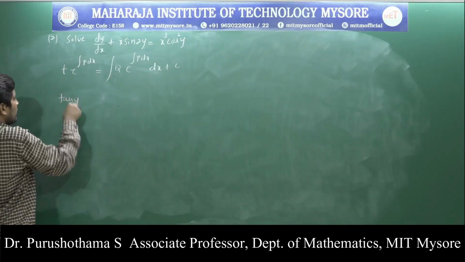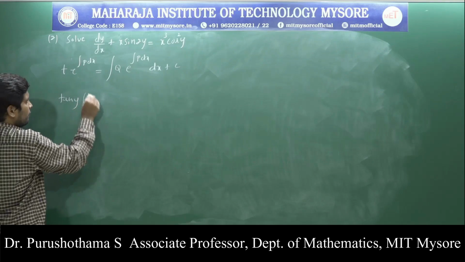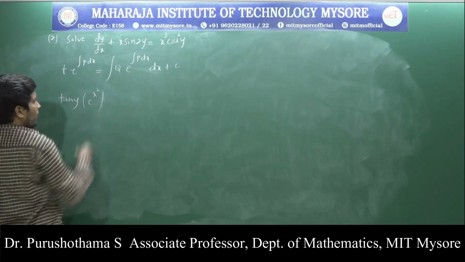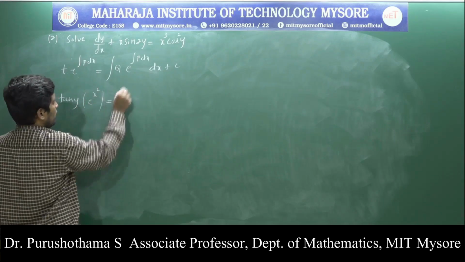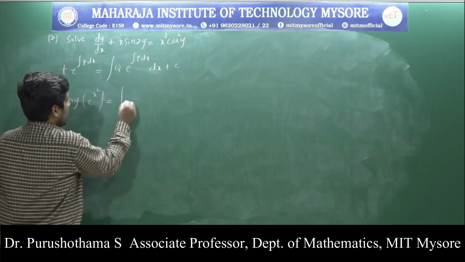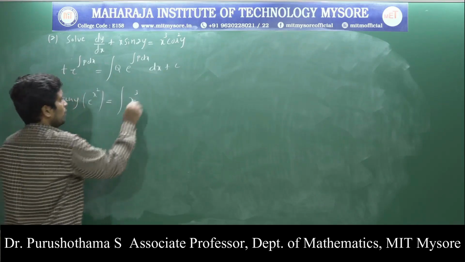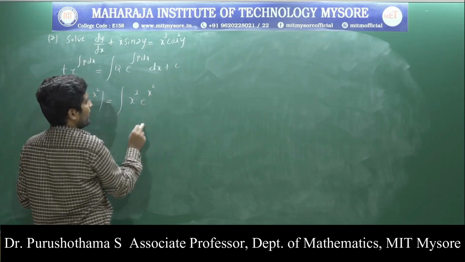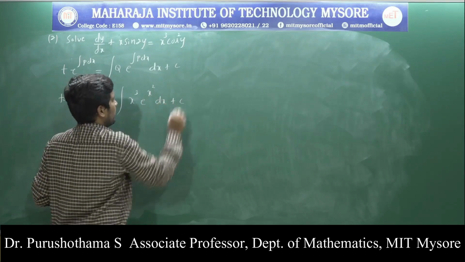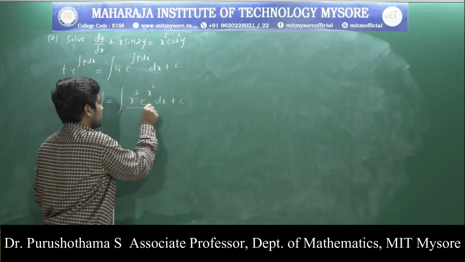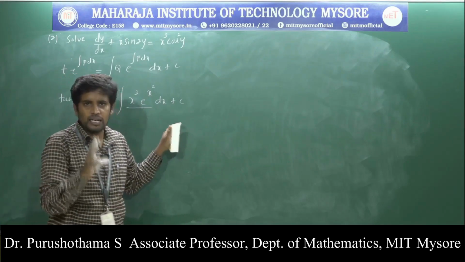So tan y into the integrating factor e power x square is equal to the integral of x power 3 into e power x square with respect to x, plus c. Integrate this term by using the substitution method.